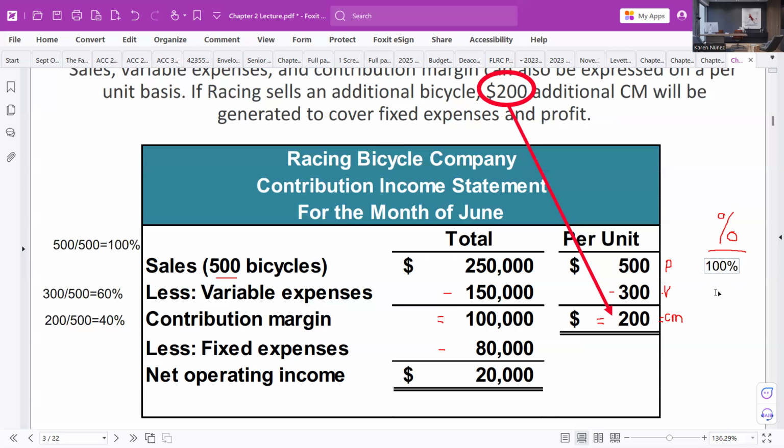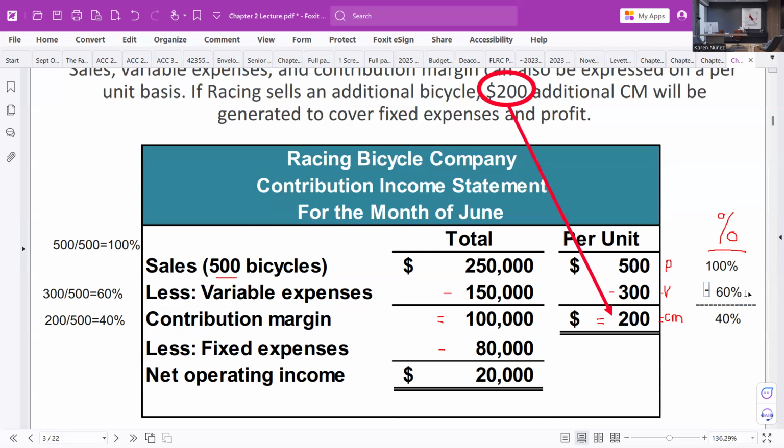The variable expenses are 60% of our sales. The contribution margin is 40% of our sales. So again, all we're doing is expressing every line item as a percent of our sales, right? The sales minus that variable expense ratio, that's what the 60% is.